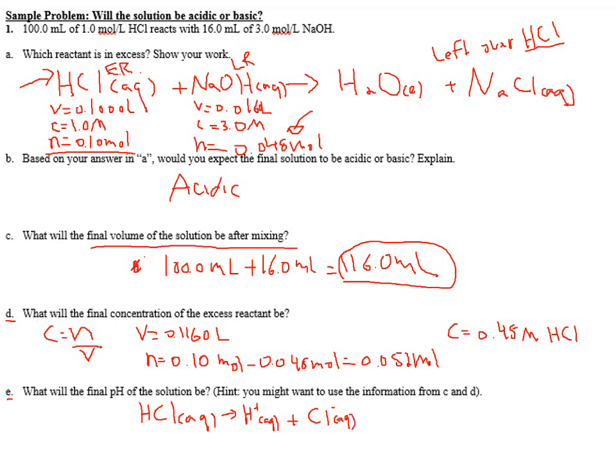So that concentration of our acid will give us the concentration of the H+, which is 0.45. If it was a base and you had a 2-to-1 ratio or 1-to-2 ratio, you'd multiply that, but for acids, we're just going to stick with our typical monoprotic acids. And now we can find our pH by doing the negative log of the H+.